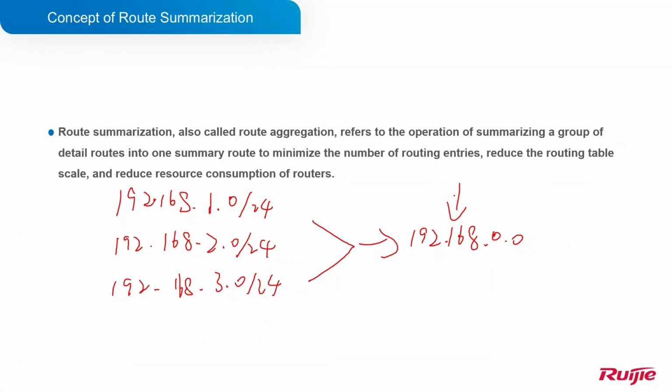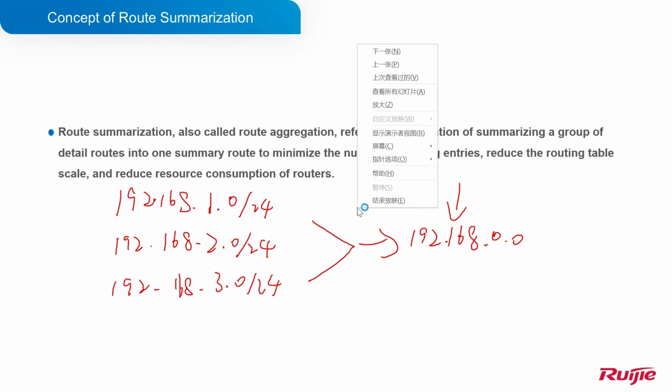It also reduces the resources of our routers, because if we want to store more detailed routes, we have to occupy the memory or the flash of our router. So if we use summarization, it can help us reduce the memory or flash resources. It is a helpful way for us to manage our routers and routing tables.